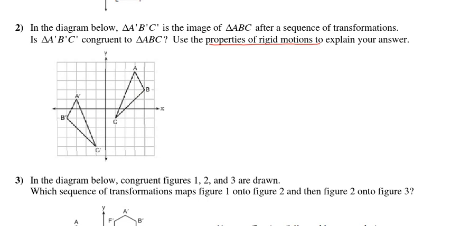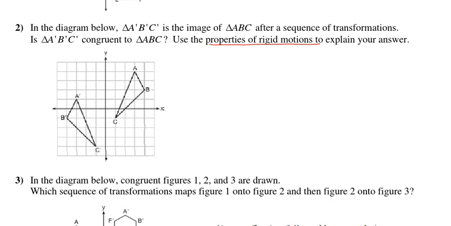You could reflect triangle ABC on the y-axis, and that would end up here in the second quadrant. And then you could move down to get triangle A prime, B prime, C prime. I'm going to do that reflection right now, or you could do, of course, the other way, which would be first translating and then reflecting. Any of those two is correct.